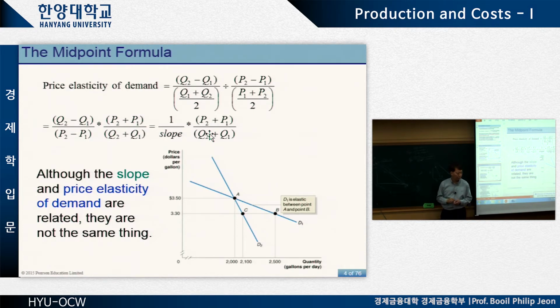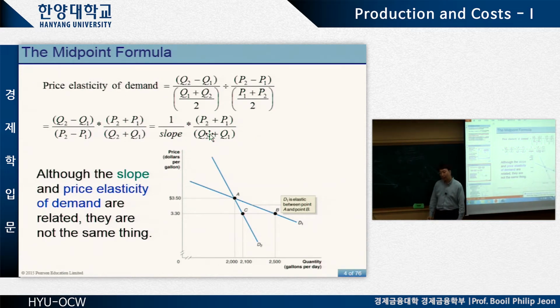Okay? So we don't know what this value is, we don't know what this value is, but this is almost 0. So we can say the elasticity is almost 0.